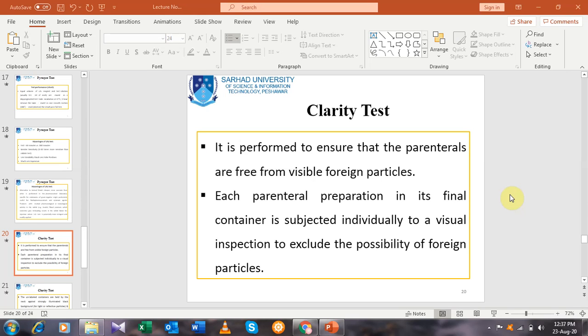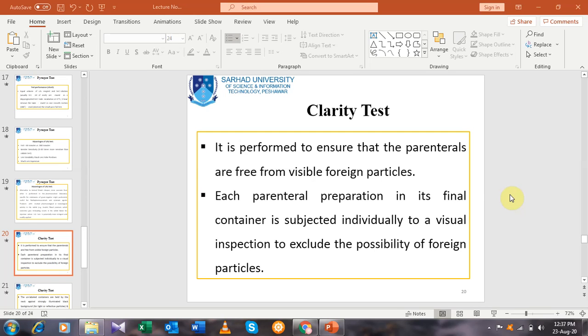If any foreign particles are visualized in the final container, we will inspect each final container individually, and the container will be excluded if foreign particles are visualized in this test.